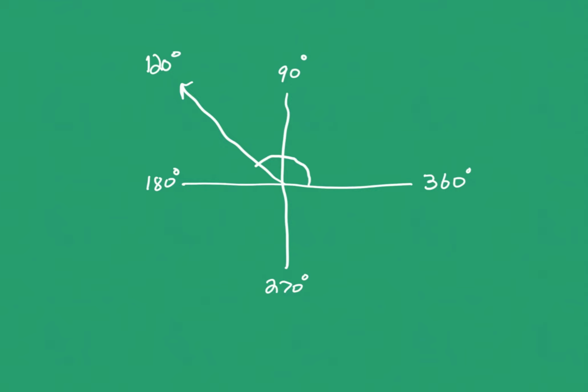Okay. Well, there's another way that you can calculate things around what we call the unit circle. So instead of coordinates or degrees, we can do what's called a unit circle.